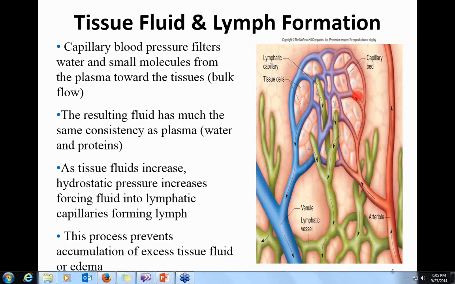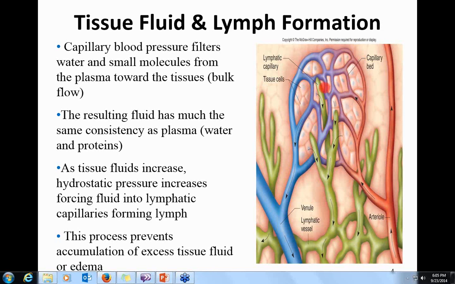Well, bulk flow pumps out more fluid on the arterial side than the venous side. So that means the tissue fluid starts to increase not only in volume but also in pressure. And that pressure causes the tissue fluid, or the interstitial fluid, to go into the lymphatic capillaries. Notice the arrows all go in one way.